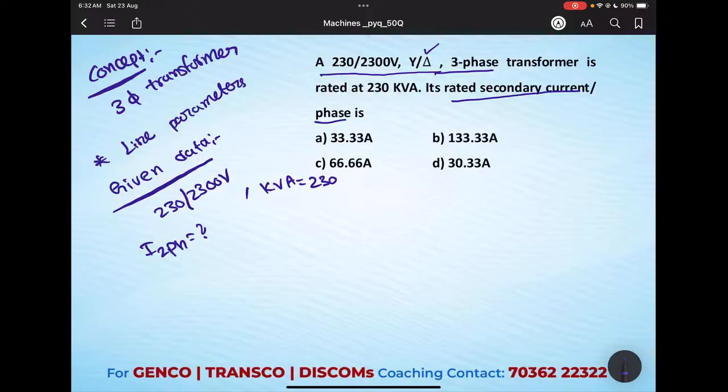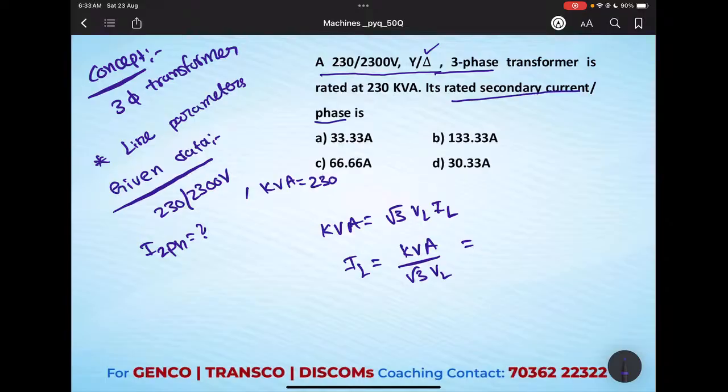In three phase, kVA we are going to calculate as √3 VL IL. The kVA for 3 phase is √3 VL IL. Okay, so from this we can calculate IL equal to kVA divided by √3 VL.